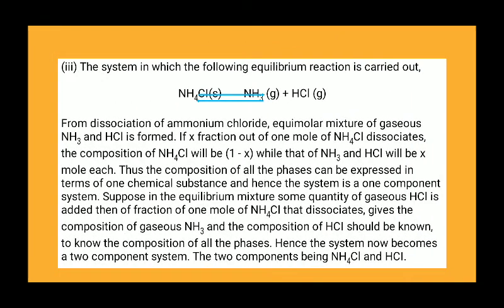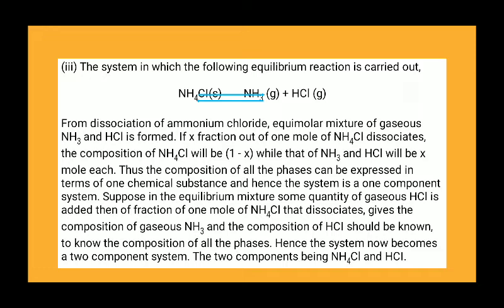Consider the system in which the following equilibrium reaction is carried out: ammonium chloride solid in equilibrium with ammonia and HCl gas. For dissociation of ammonium chloride, an equimolar mixture of the gases ammonia and HCl is formed.